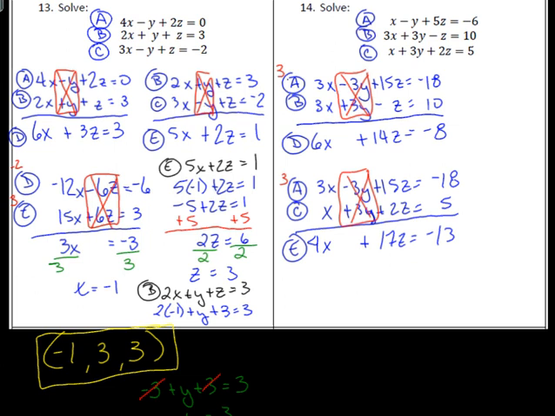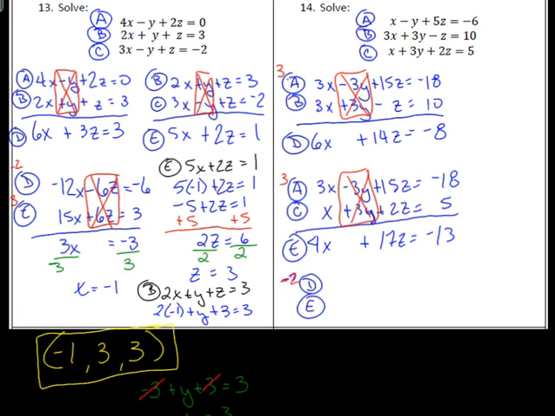And now I need to put D and E together and eliminate the x variable this time, because that'll be our smallest least common multiple that we can find. So I'm going to put D and E together. For D, I need to multiply it by a negative 2.